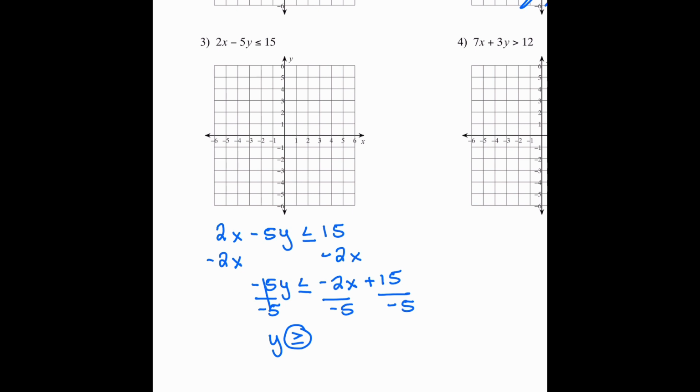-2 and -5, the negatives will cancel out, leaving 2/5x. And then 15 divided by -5 will be -3. So -3 is my y-intercept. And my slope tells me that I'm going to go up 2 and to the right 5.